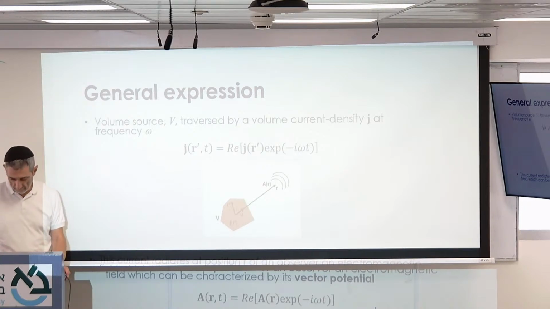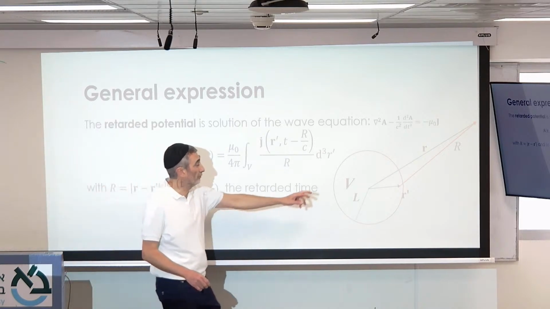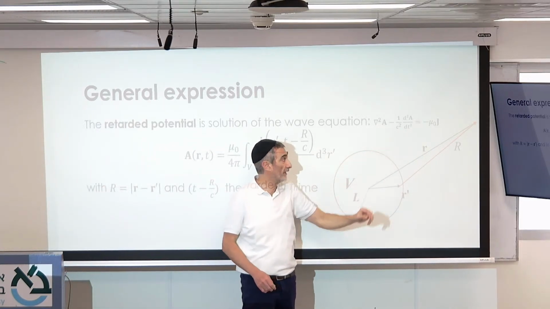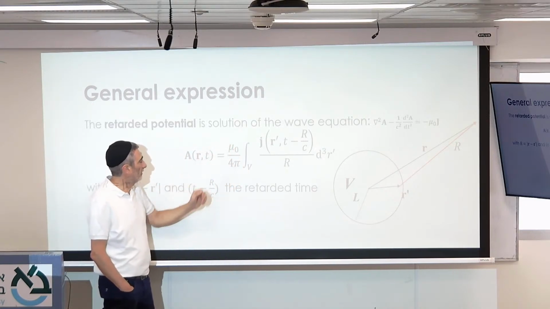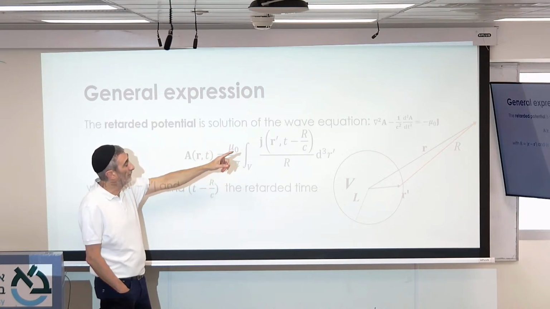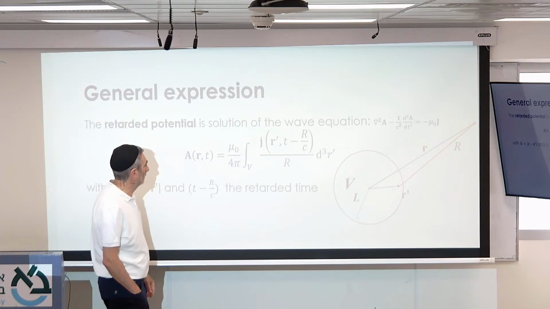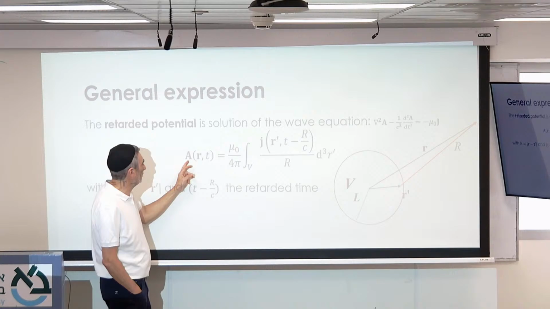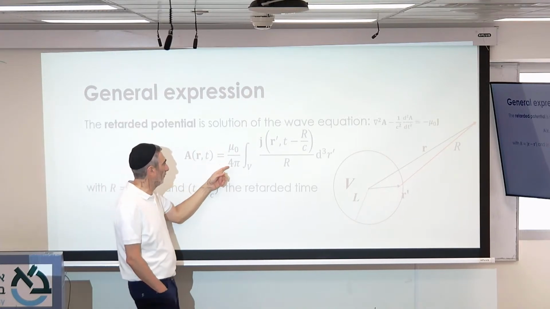Starting from this equation that we found before using the Lorentz gauge, we can show that this expression here is a fundamental solution of that wave equation of the vector potential. So the potential at position r at time t is mu0 over 4 pi.